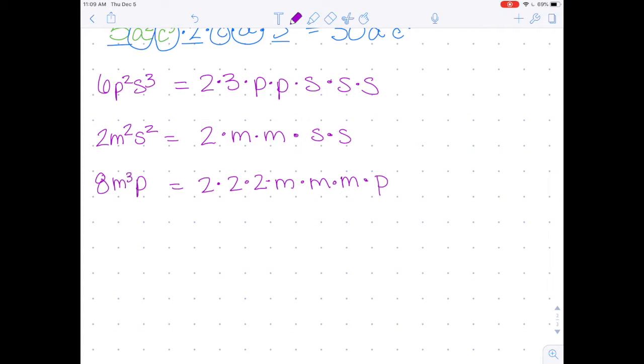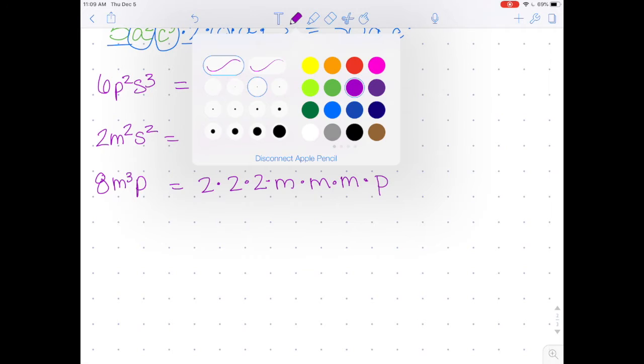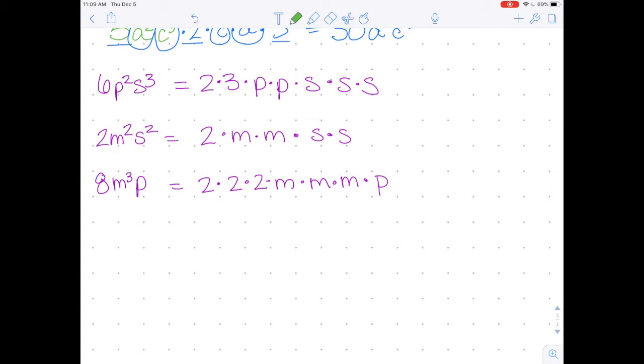So now, we need to find pairs. This 2 shows up in all 3 numbers, so we can write that down. With the letters, we only need 2. They don't have to be in all three. So we've got 2 S's, 2 S's.